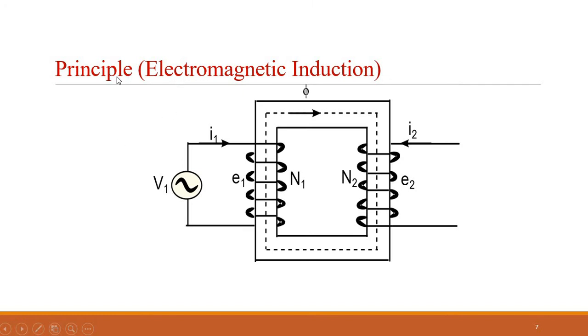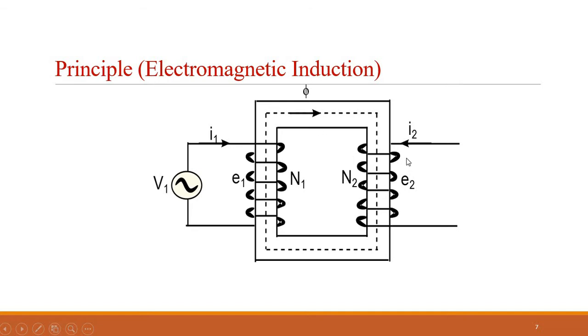So the working principle is electromagnetic induction. As I previously told, it will work on the electromagnetic induction principle. So when the rate of change of flux linkage with a coil or conductor is changing, EMF will get induced in that coil or conductor. So when we give supply to this primary winding, current will get circulated through the winding, then flux will be set up here.